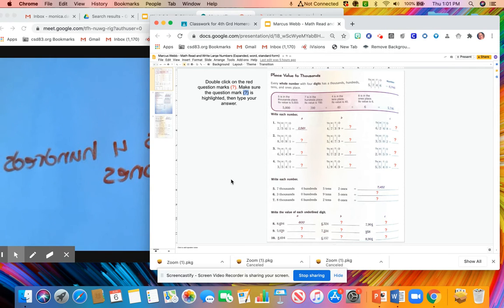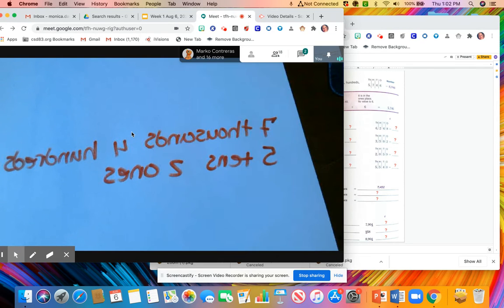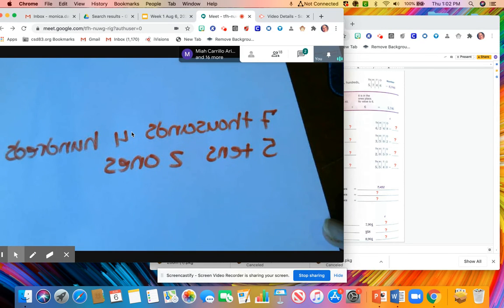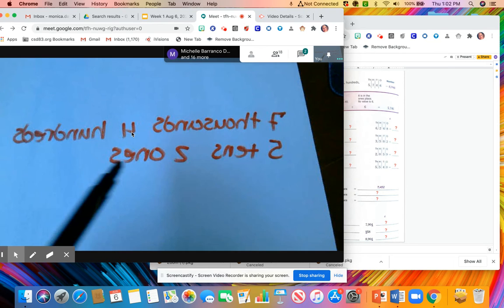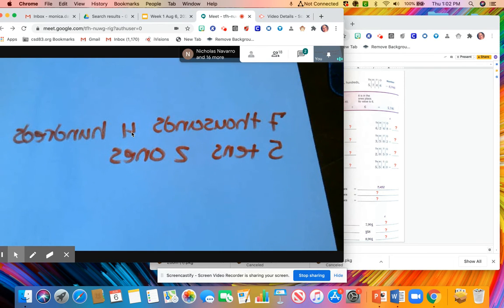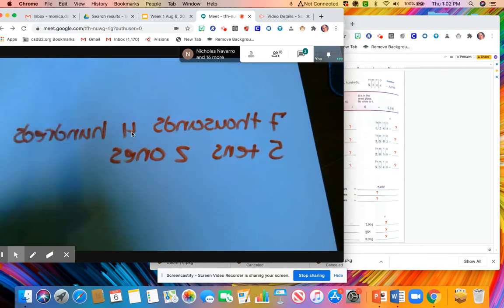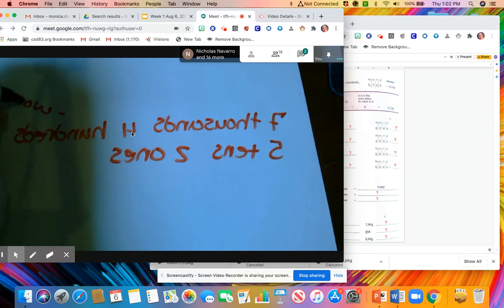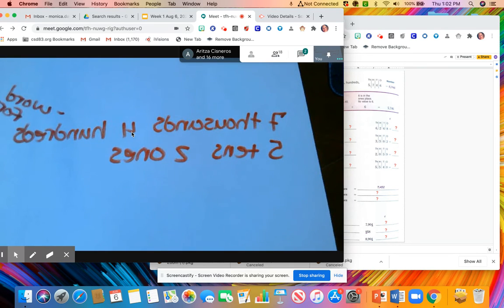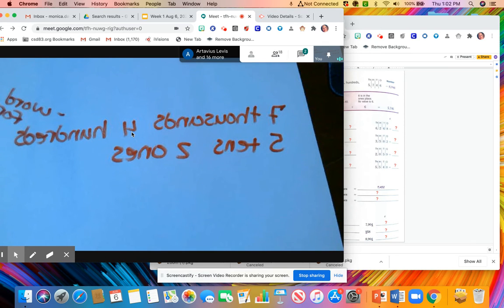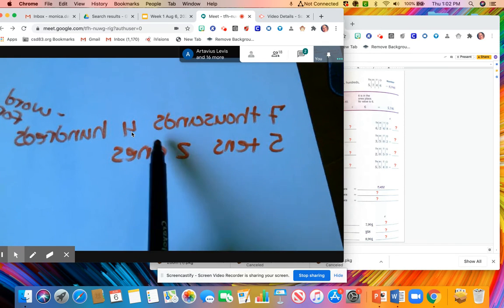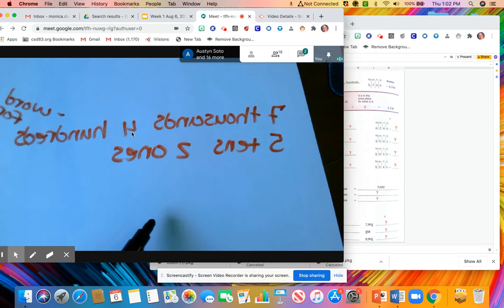My markers are dying. Do you guys remember what we call that? Is that standard form, word form, or expanded form? Word. Good, because they're in words, right? So this is now word form. And they want you to take the word form and turn it into standard form. So they want you to take these and turn it into the regular number.